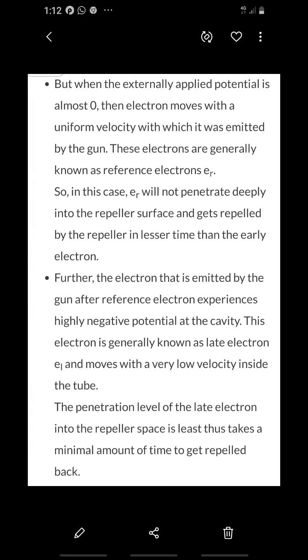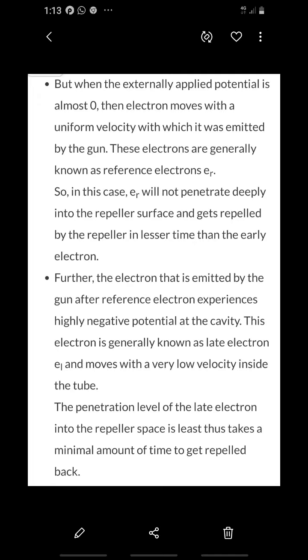But when the externally applied potential is almost zero, then the electron moves with the uniform velocity with which it was emitted by the gun. These electrons are generally known as reference electrons, that is ER.